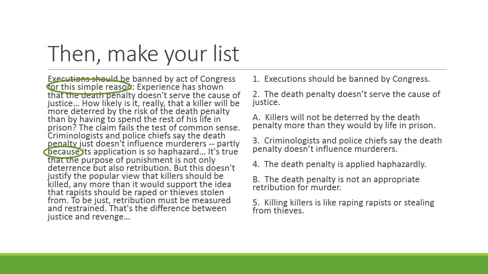And last, we're told that retribution should be restrained to be just. So here we have a nice little list of all of the statements that are elements of the argument. We've left some out because they don't play a role, and we've added some others because they do. We're ready to roll.